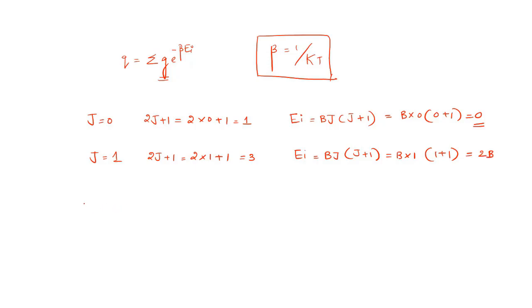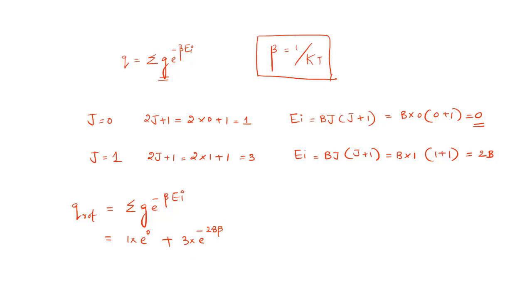Now let us apply this in the partition function. Q rotational is equal to sigma g into e raised to minus beta Ei. The first part, when J is equal to 0, will be 1 into e raised to 0, plus, when J is equal to 1, 3 into e raised to minus 2B into beta.